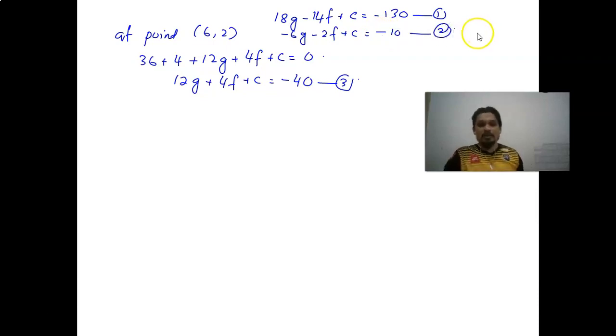So you can see now there are 3 equations, 1, 2, and 3, and 3 variables of g, f, and c.